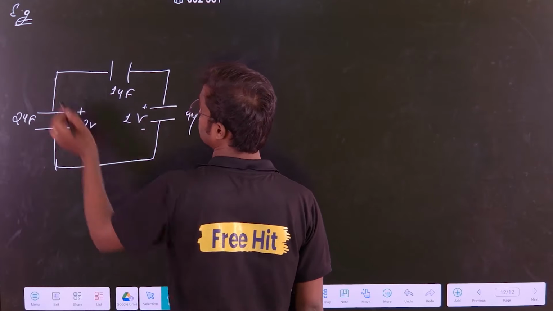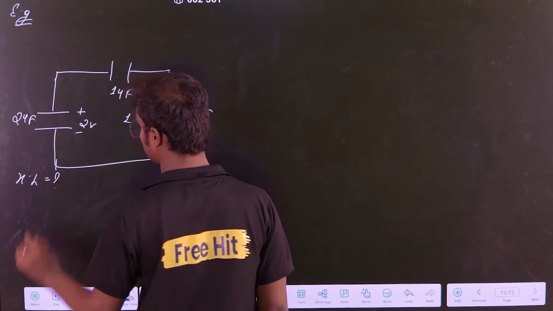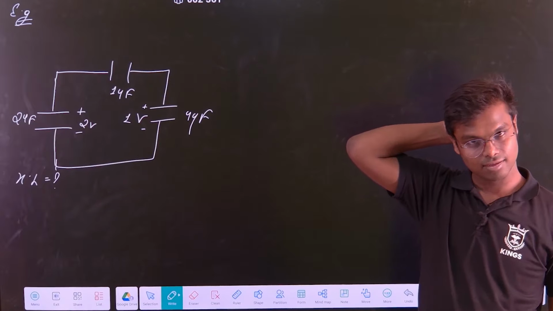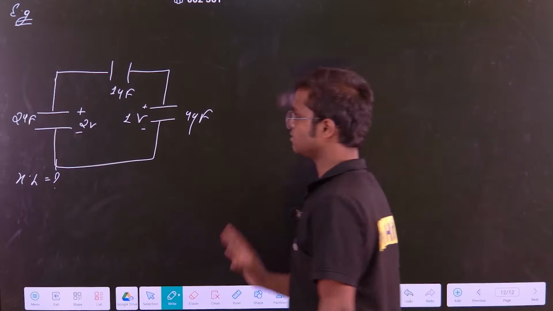My question is the same question, what is heat loss? Now can you tell me what is the heat loss in this? How will you solve? Again the same approach. We will go step by step.